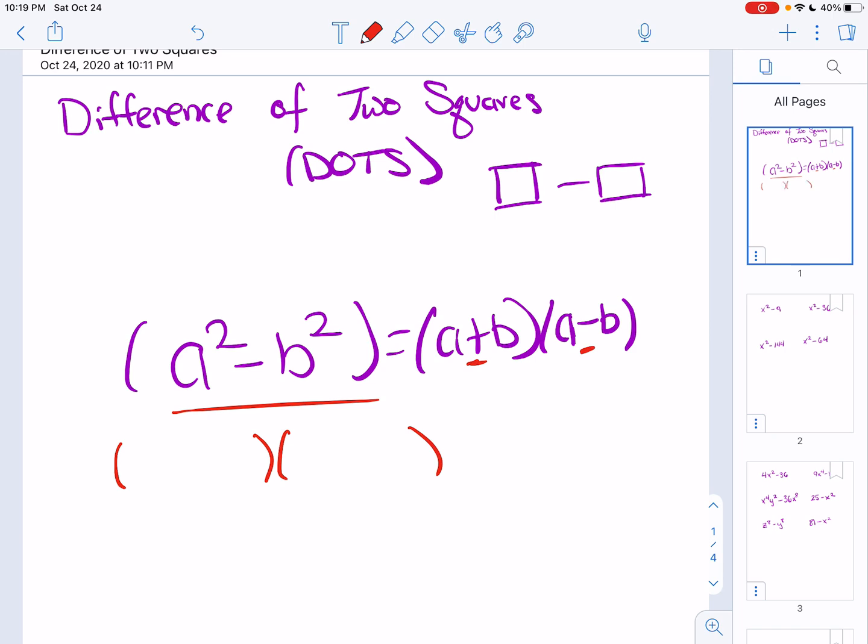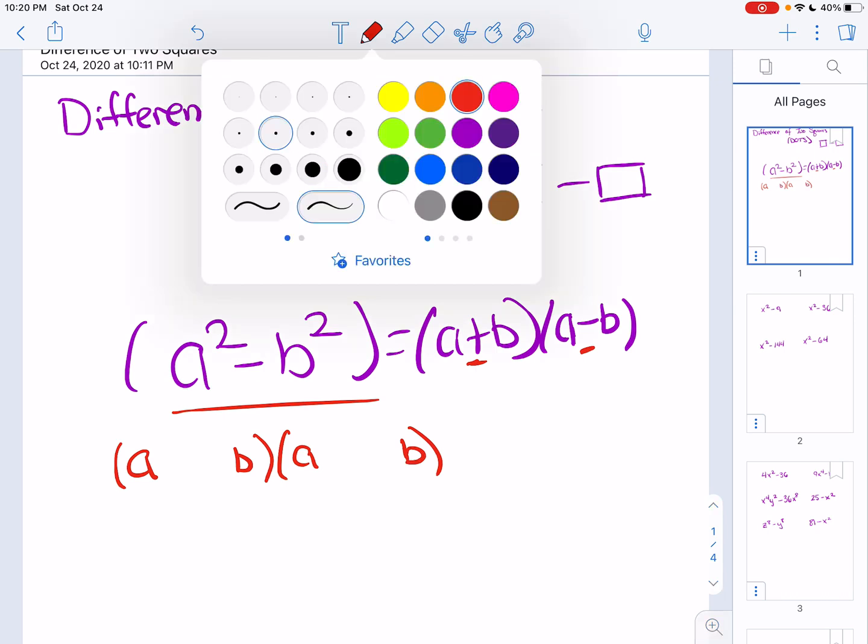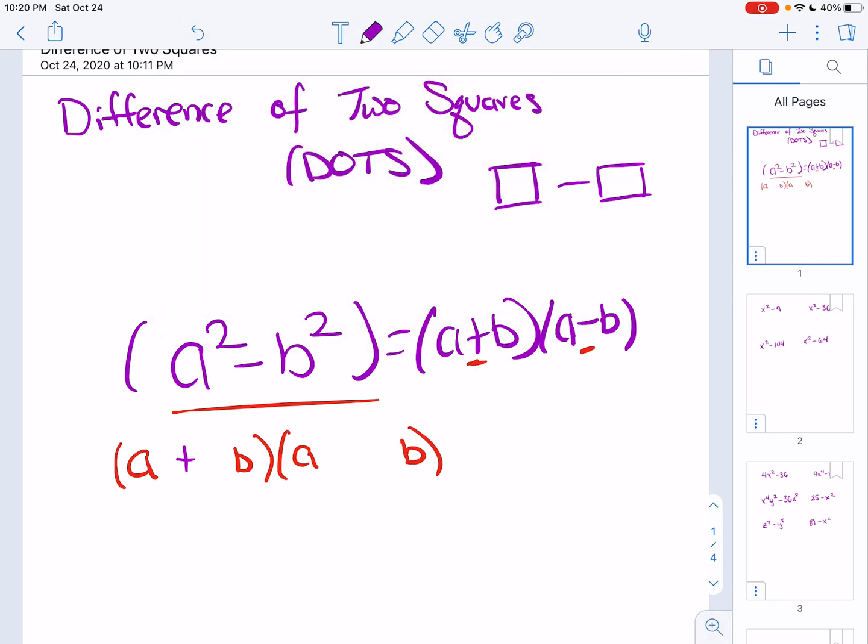I take the square root of the first term, a squared, and put a in the first position in both factors. Now b squared, I take the square root and get b. And now I just need my plus and my minus, just like this.